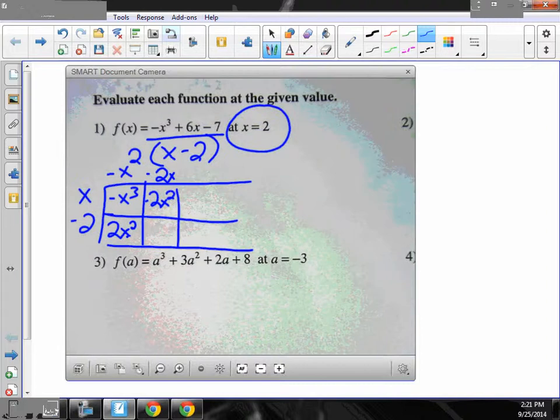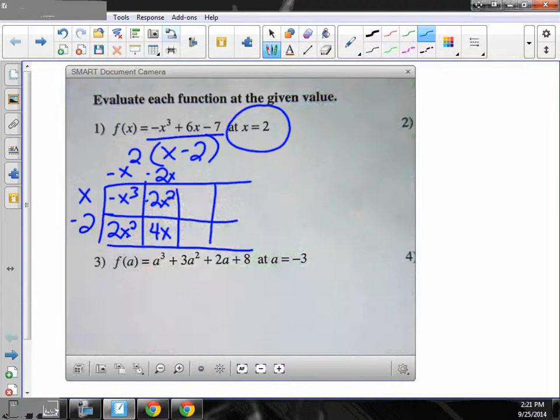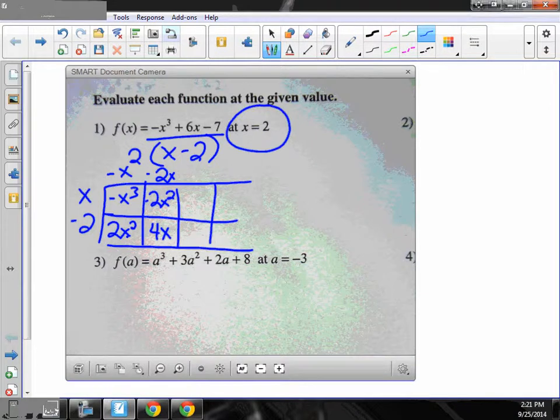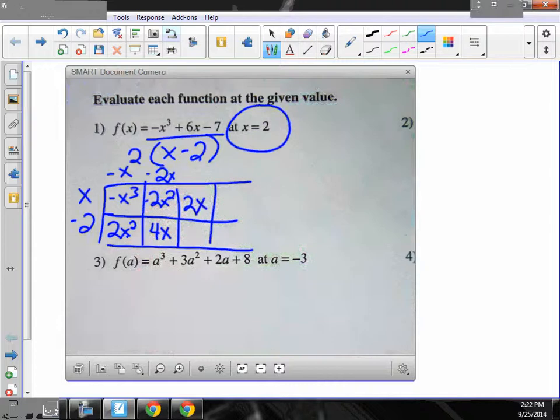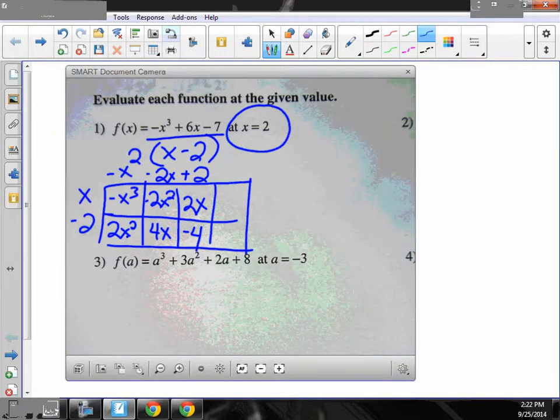Negative 2x times negative 2 is 4x. And I need my x diagonal to add up to be 6, so this would be 2x, which would give me a plus 2. And 2 times negative 2 is negative 4. So my remainder is going to be negative 3.